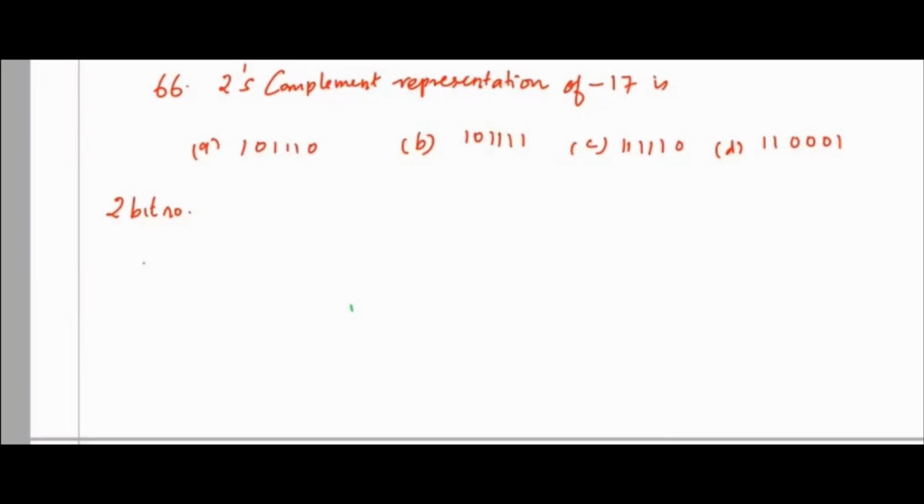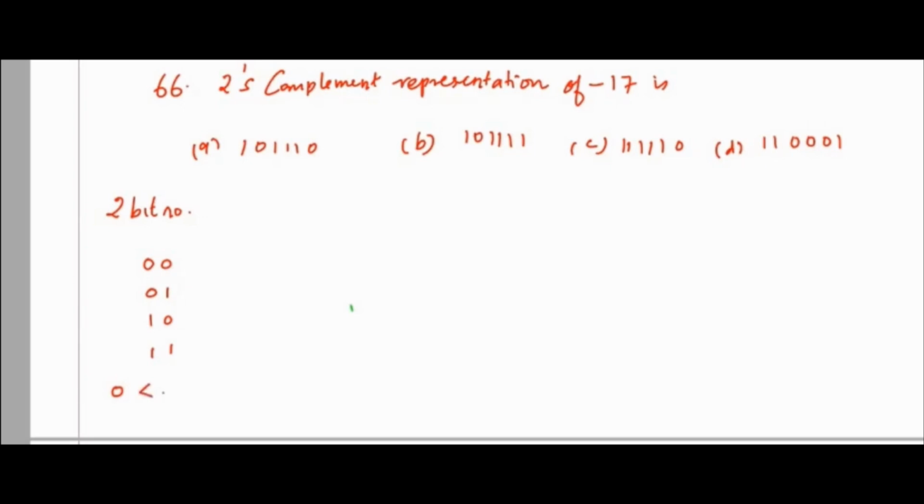So first let us discuss how to represent a 2-bit unsigned number. It is 00, 01, 10 and 11. Maximum we can represent like this: 00 represents 0, 01 represents 1, 10 represents 2 and 11 represents 3.